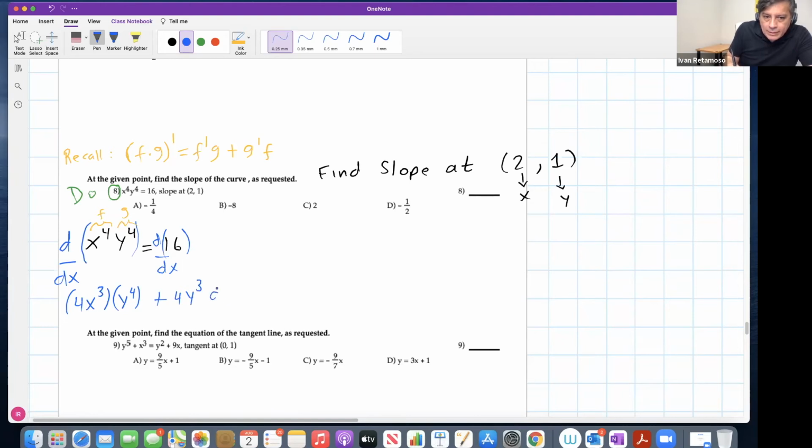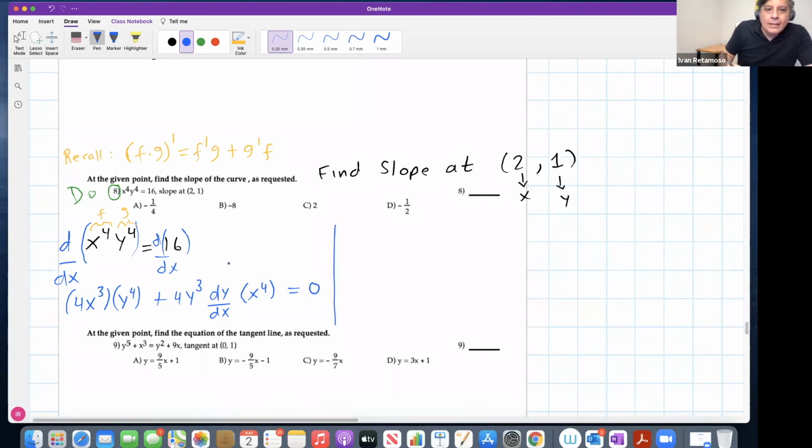But since I am dealing with an expression in terms of y, I have to attach dy/dx, right? That's just the derivative. But then I have to multiply that by f. f is x to the 4. This is what I get on the left side. On the right side, the derivative of a constant function, 16, is just 0.